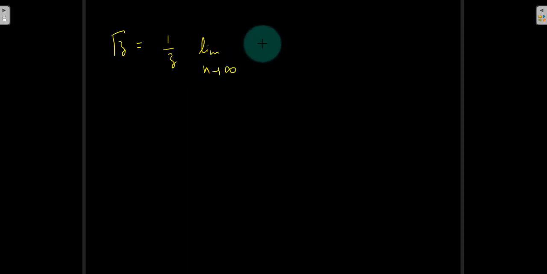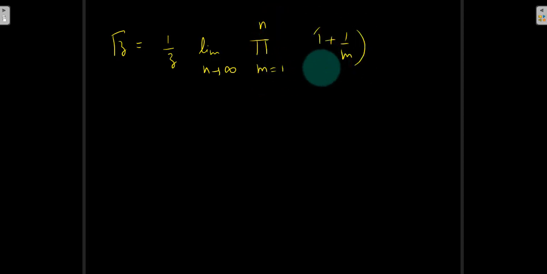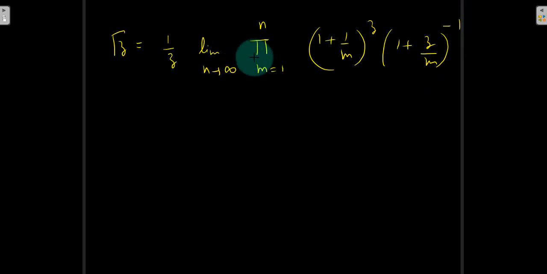Now we have seen that gamma z is nothing but 1 over z limit n tends to infinity, and since we can write it as sequence of partial product, we write the product for m is equal to 1 to n, 1 plus 1 upon m to the power z, and 1 plus z upon m to the power minus 1, right?